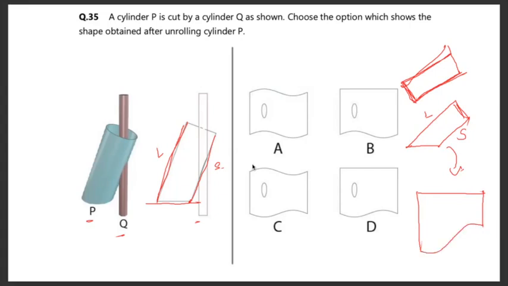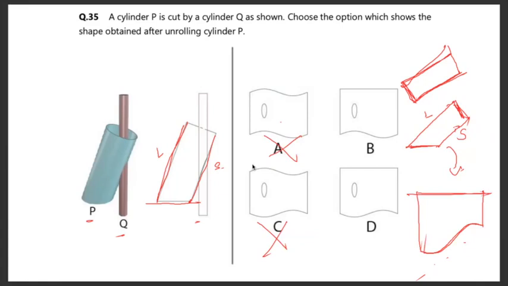Okay, because this edge is not perpendicular to the angle, it will look actually like this. This is an exaggerated version, but something like this. In this case, clearly option A or C are wrong. One edge has to be horizontal, one edge has to be curved. In A and C, both the edges are curved. So between B and D, we are supposed to find the answer.